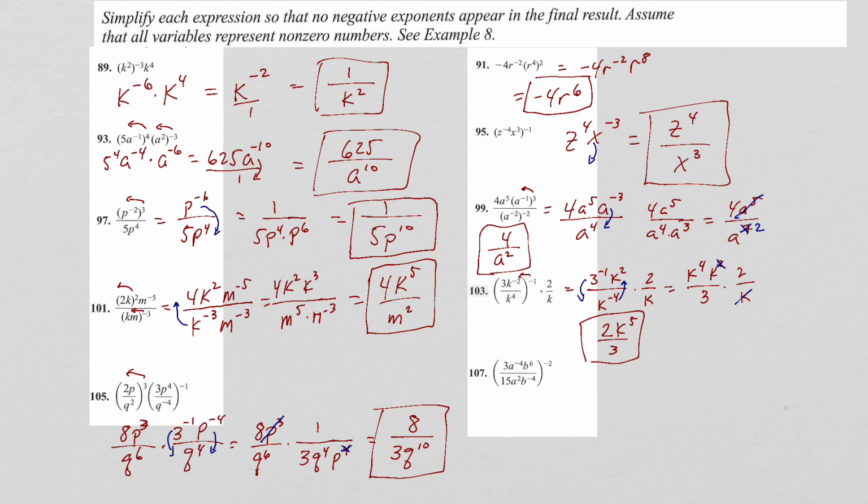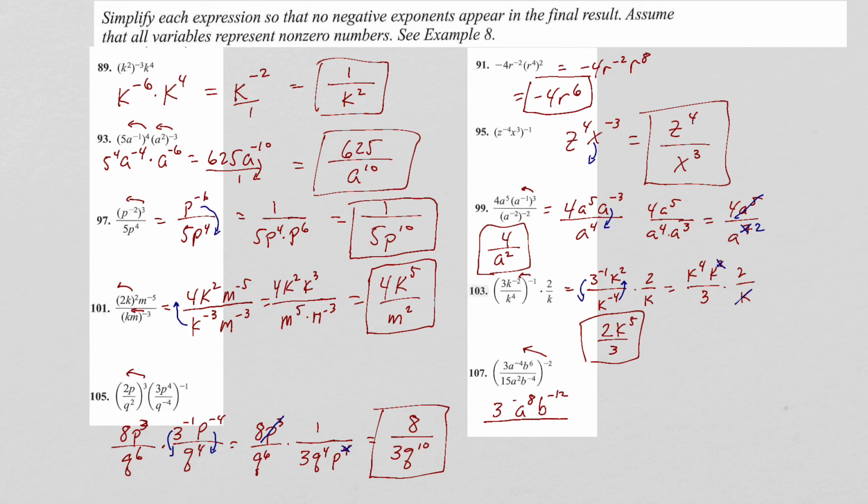All right, last thing. I'm going to bring this in. So I'm going to have 3 to the negative 2, a to the positive 8, b to the negative 12 over, let's actually cancel, because I don't want my numbers to get so big on me. I don't want to do a 15 to the second power. That's too big.